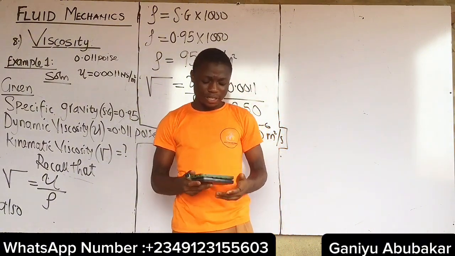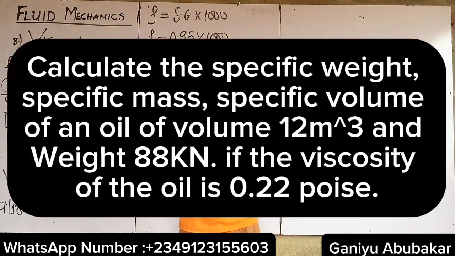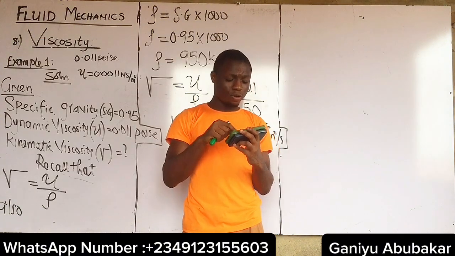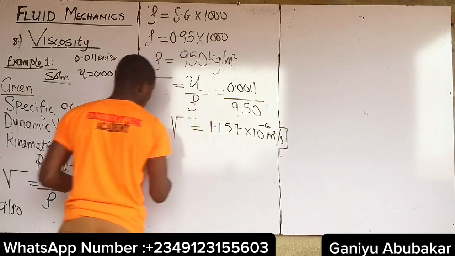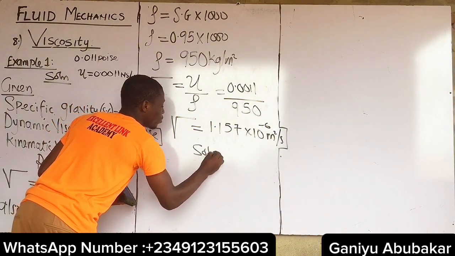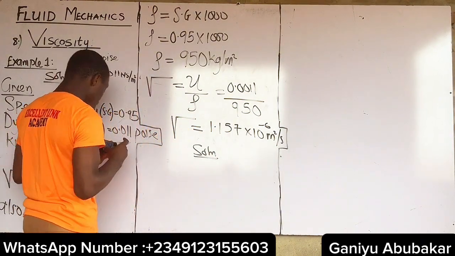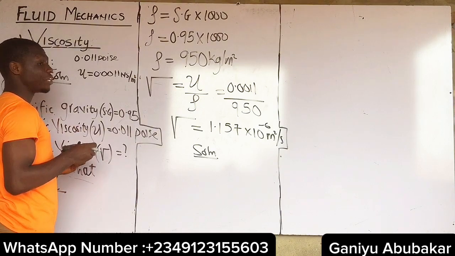The example says, calculate the specific weight, specific mass, and specific volume of an oil of volume 12 cubic meters and weight 8 kilonewton. If the viscosity of the oil is 0.22 poise, find these. Let me get it done. Example 2, solution. First, write out what you are given.